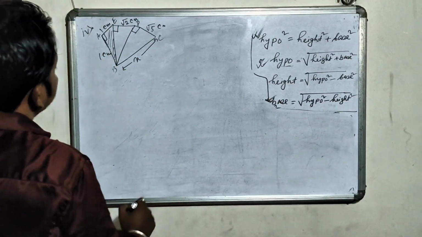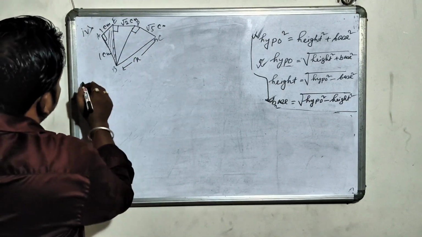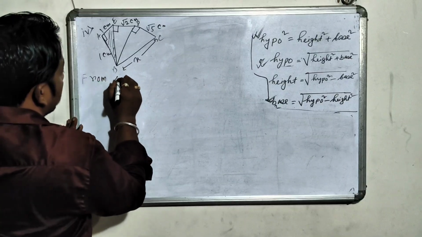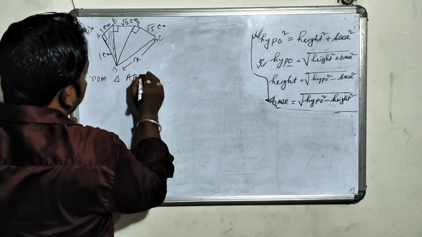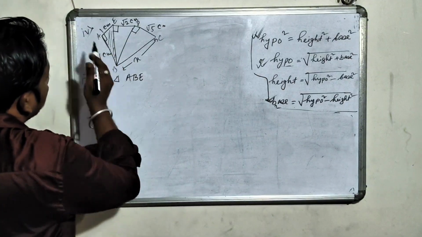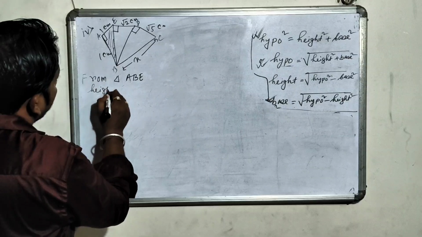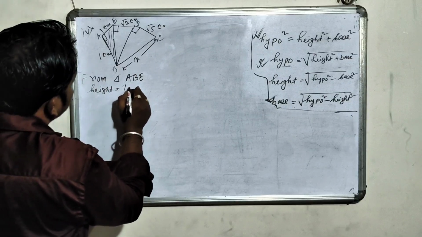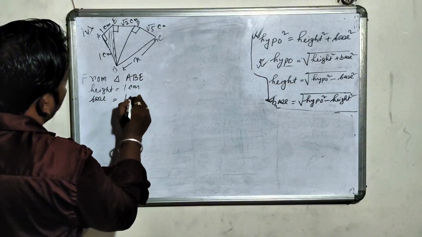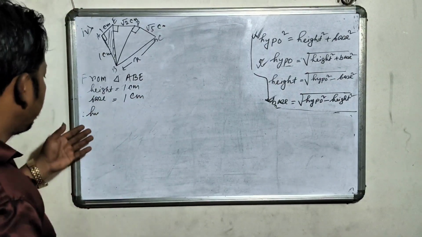Okay. So from triangle ABE, AB means height equals to 1 centimeter, base equals to 1 centimeter. Therefore I'm writing directly here.